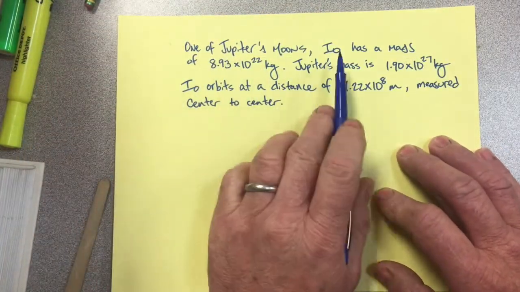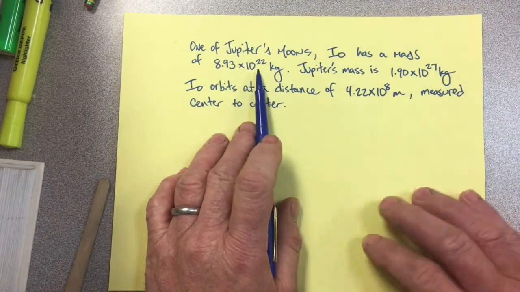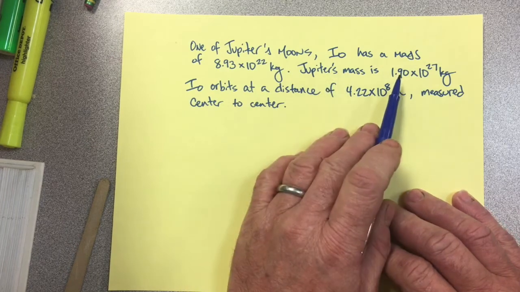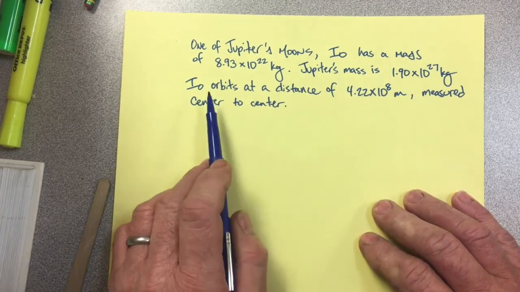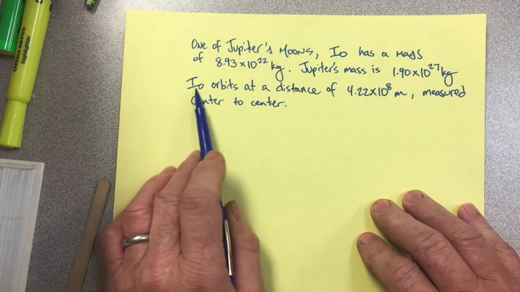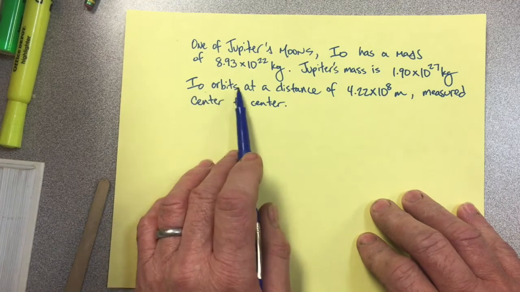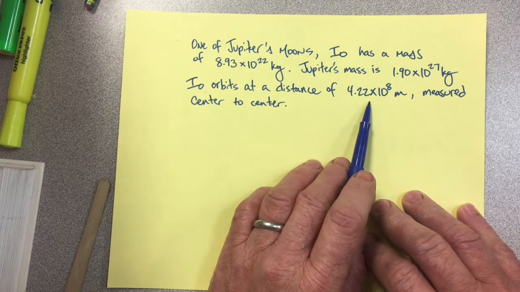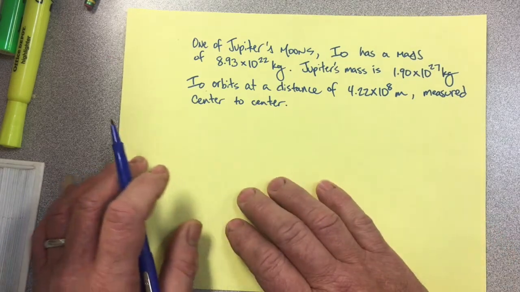One of Jupiter's moons, Io, has a mass of 8.93 times 10 to the 22 kilograms, and Jupiter's mass is 1.90 times 10 to the 27 kilograms. Io orbits, or Io, I don't know how it's pronounced, Io orbits at a distance of 4.22 times 10 to the 7 meters, measured from the center of Jupiter to the center of Io.